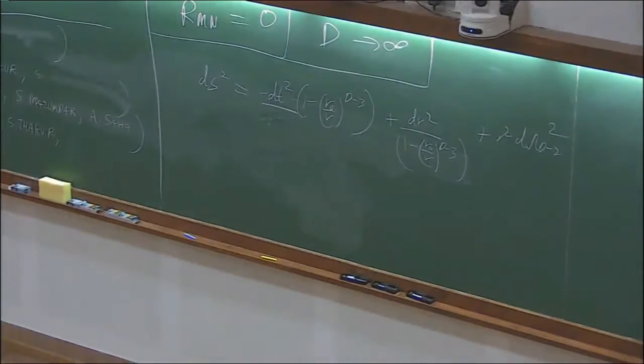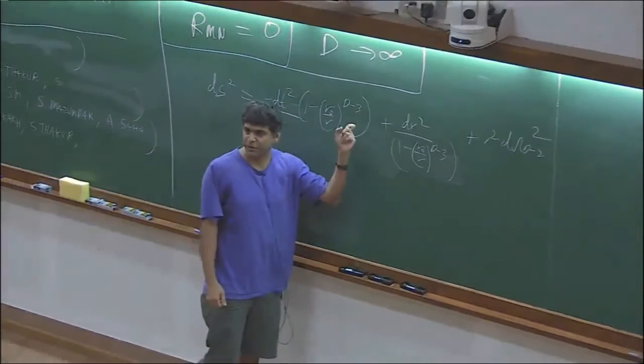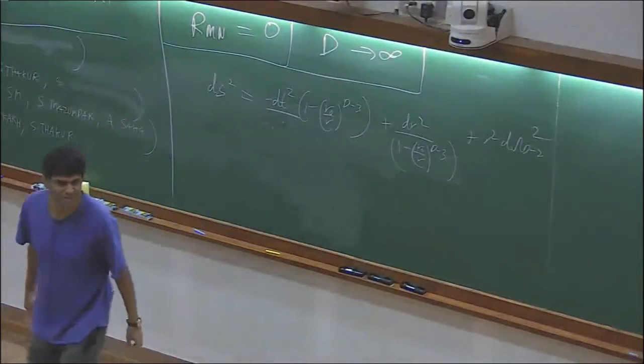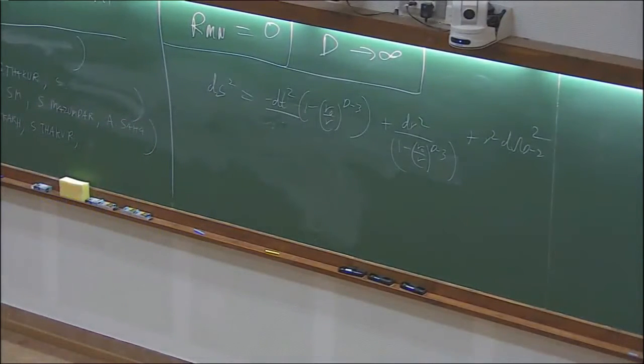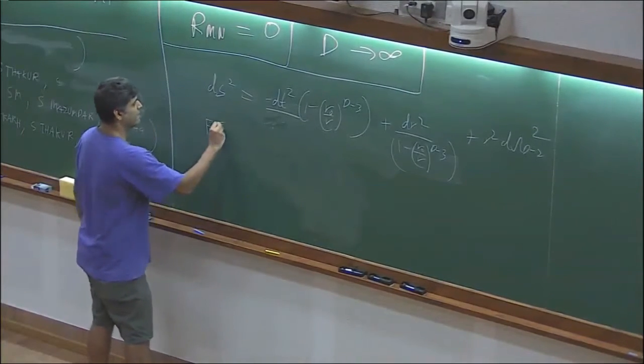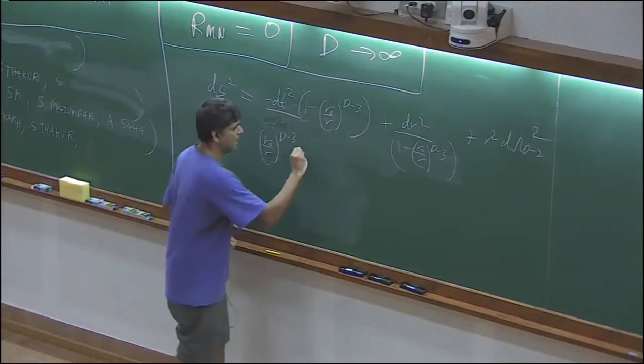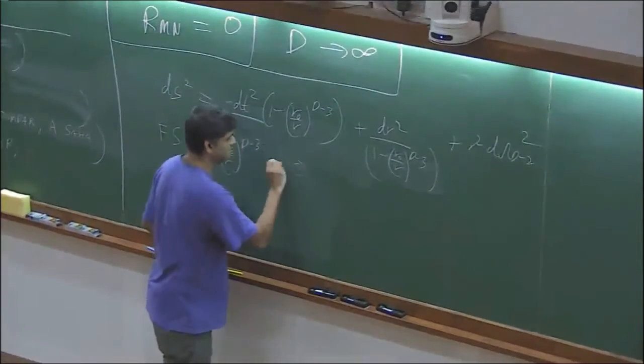Okay, the first thing to notice about the solution, this of course is very familiar: you set D equals 4 and you get the usual 4-dimensional Schwarzschild black hole. The first thing to notice is that it reduces to flat space whenever (r₀/r)^(D−3) is equal to 0, or goes to 0.